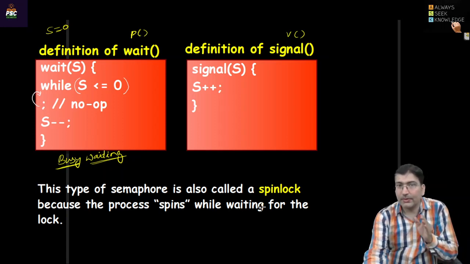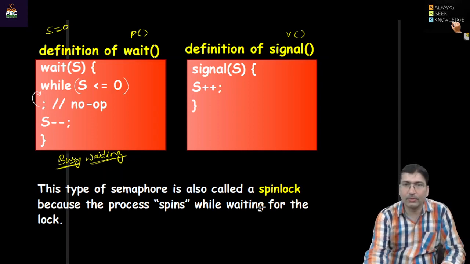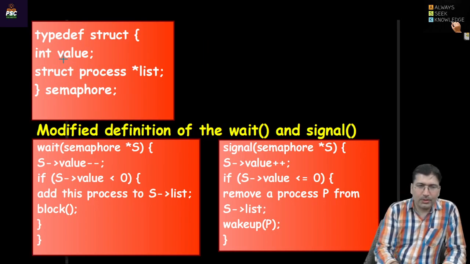The modified definition of semaphore as well as wait and signal. Why are we looking at the modified definition of semaphore? To avoid this busy waiting kind of situation. In the modified semaphore, instead of a single variable, there is a structure.